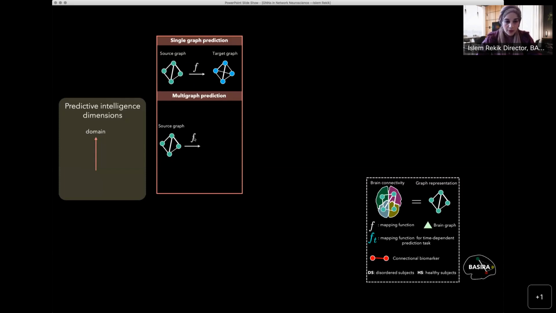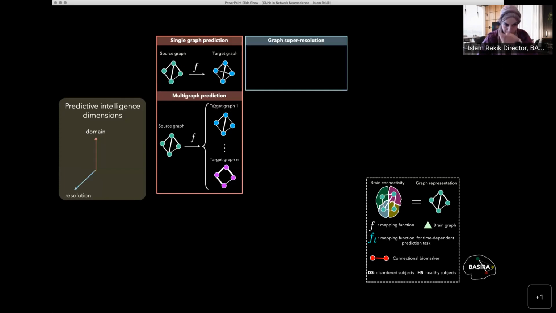For multi-graph prediction, we aim to solve an even more challenging problem. You're going from a single source graph, like a morphological network, and you're trying to predict a set of target graphs across different domains. You have n domains here with different types of edge connectivity. So this is what we call multi-graph prediction.